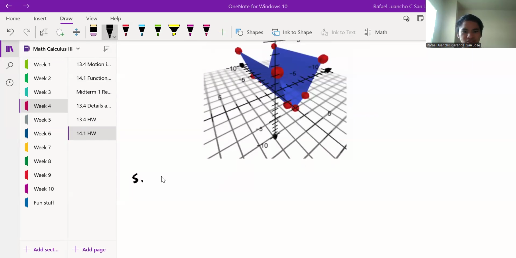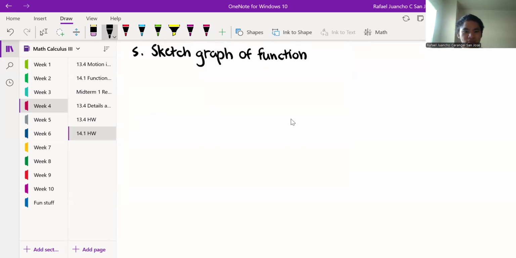So here we're being asked to sketch the graph again. Sketch the graph. But in reality, we're not the one doing the sketching. Our homework is just telling us to plug things in algebraically. So let's do that. Okay. So here I have my f of x, y, my function of two variables, and it's equal to 7 minus x squared minus y squared.